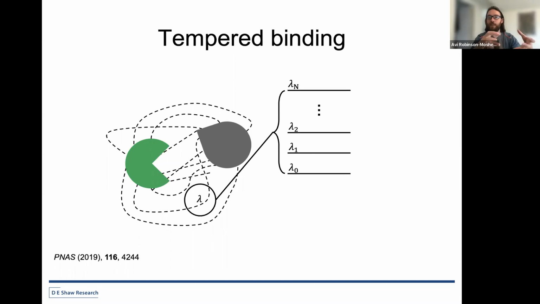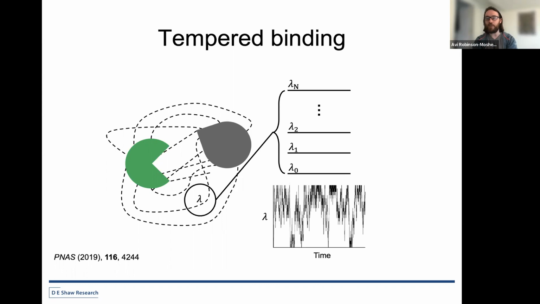But then you can also weaken them, which lets it leave that metastable state, maybe move away, maybe sort of reorient, and then find other metastable states that would be of interest rather than getting stuck in the way you might in a conventional straight up simulation with your normal physical properties.